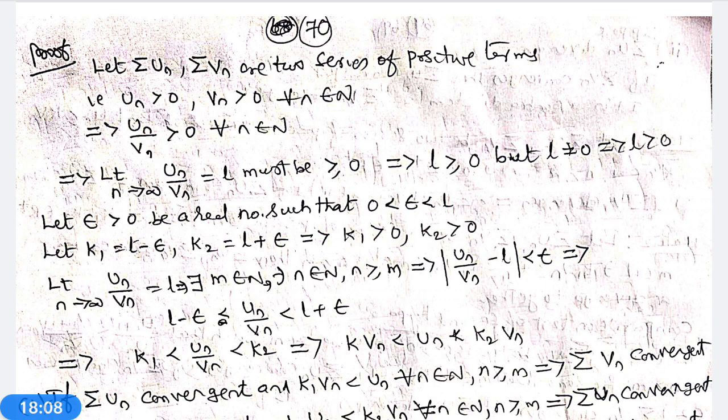This implies L minus epsilon less than un by vn less than L plus epsilon. This implies k1 less than un by vn less than k2. This implies k1 vn less than un less than k2 vn.